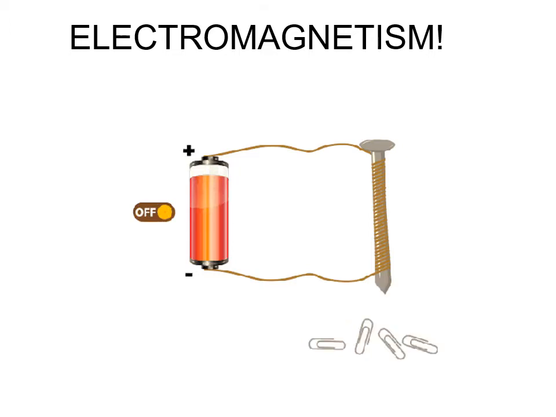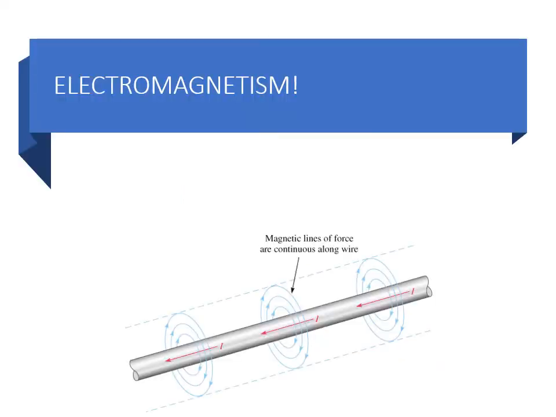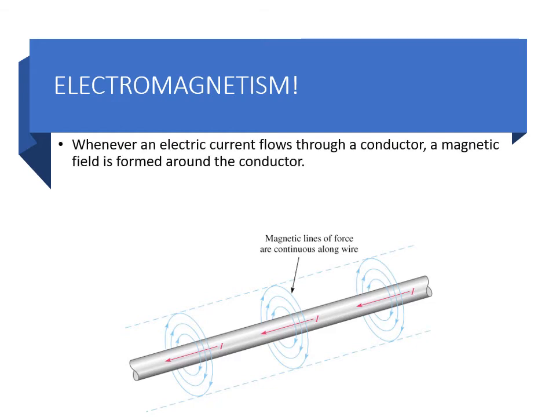So let's look at our electromagnet in a little bit more detail. Whenever current passes through a wire or a conductor, a magnetic field is set up around the conductor. This is because of the flow of the current. The current flows through the conductor. Current is the flow of electrons.